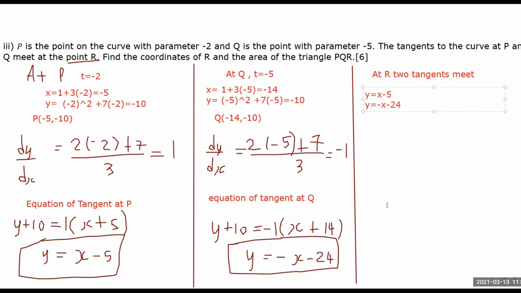Now, I like to use the elimination method. So what I'm going to do is add these two equations. If I add these two equations, I would get 2y is equal to x plus negative x gone, minus 5 plus minus 24.